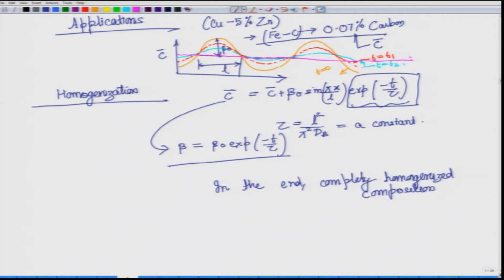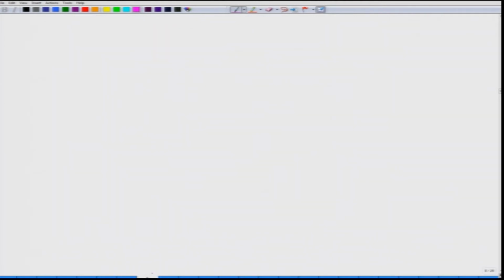The next example that we will look at is carburization. Why would you want to carburize something? Now, again this is an example related to steel. In steel you may want to add carbon only on the surface.